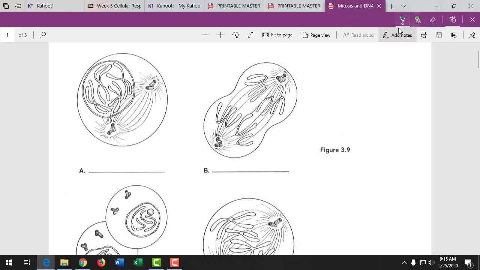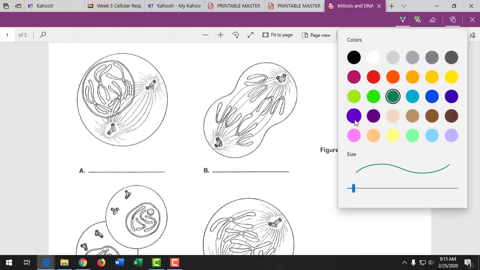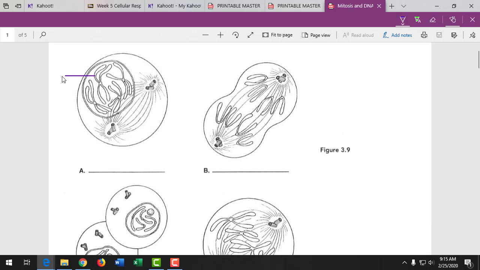So I'm going to see if I can add a note here. This structure here is a chromosome. Let's label these things together so you know what you're looking at. Chromosome. That's what the X-like structures are, right? This structure is the nuclear membrane, and we should start to see that breaking down.